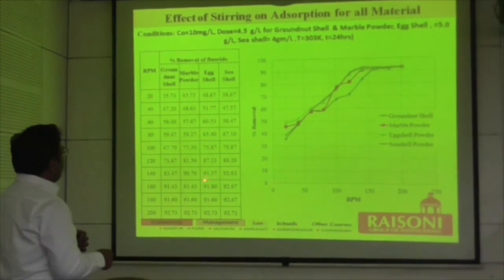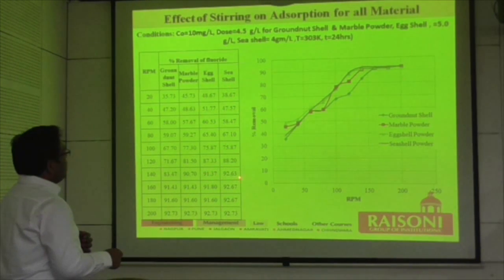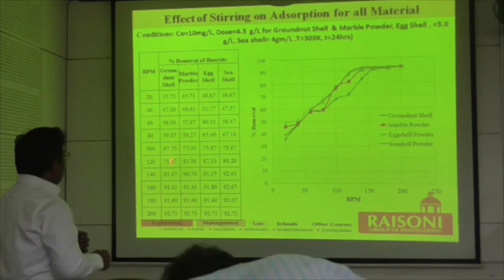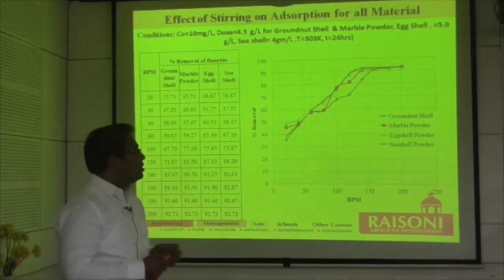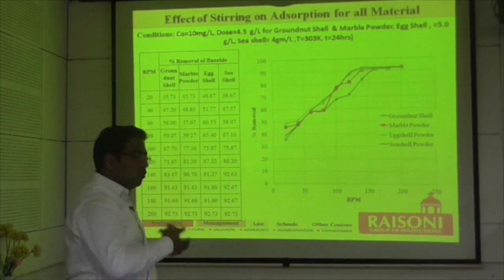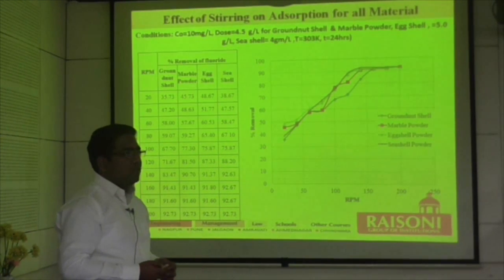And again for eggshell, we have got readings near about 140, and for seashell again 140. So I concluded that the RPM for groundnut shell will be 150 RPM, and for the others it will be 140 RPM, because after that no further percentage removal takes place.